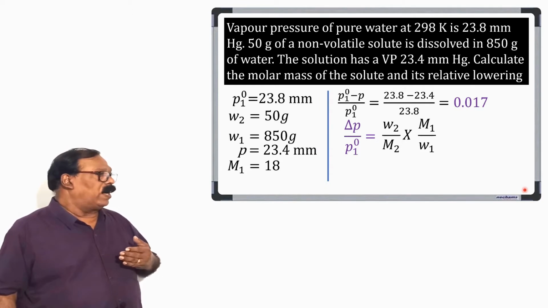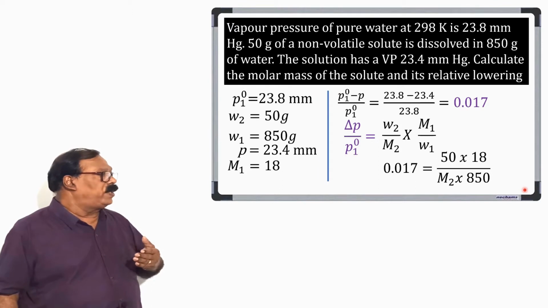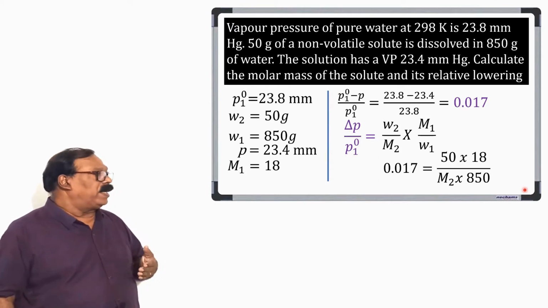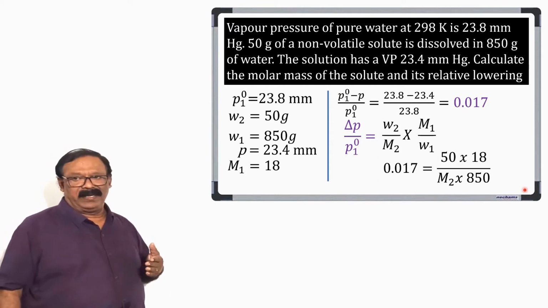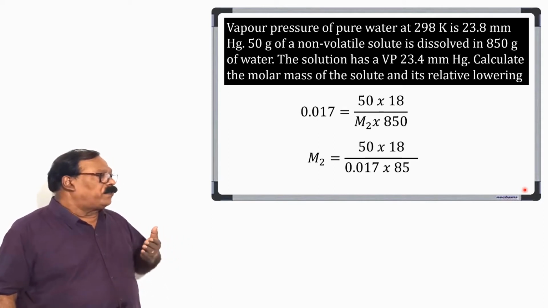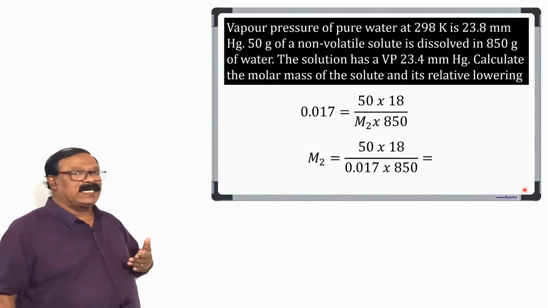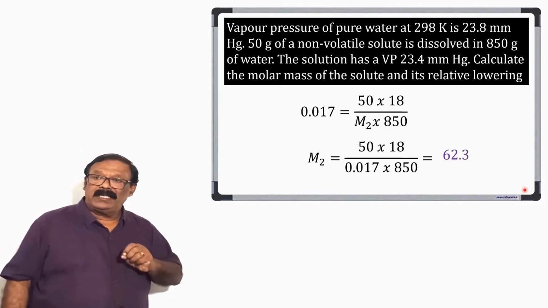So accordingly we have 0.017 equal to 50 into 18 by M2 into 850. Rearrangement gives M2 equal to 50 into 18 divided by 0.017 into 850, and the answer will be 62.3.